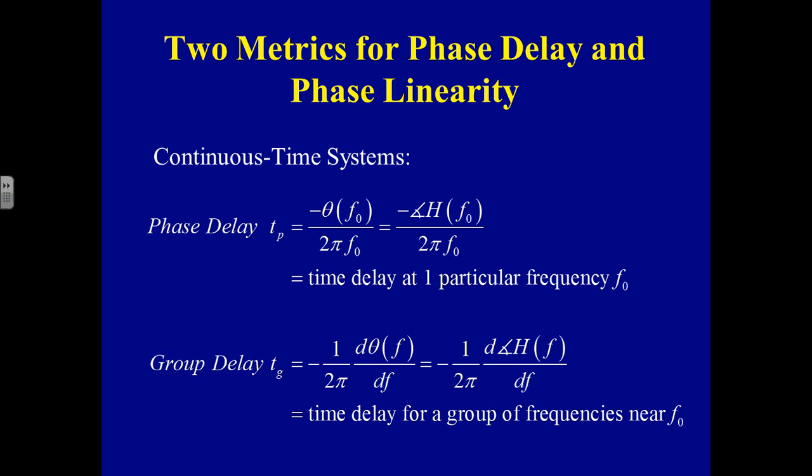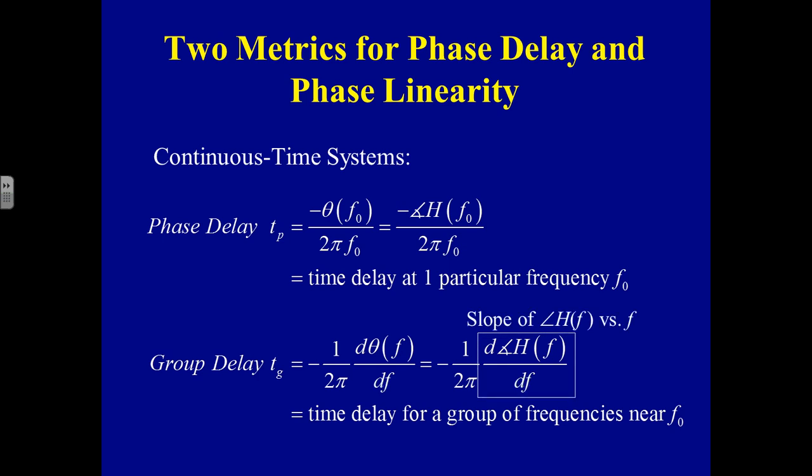The group delay looks at what's going on in a range of frequencies around some particular frequency. And so it infers a phase amount or a time shift amount from the slope of the phase curve as opposed to the numeric values of the phase. Now that may be hard to interpret from words, so let's look at a picture.